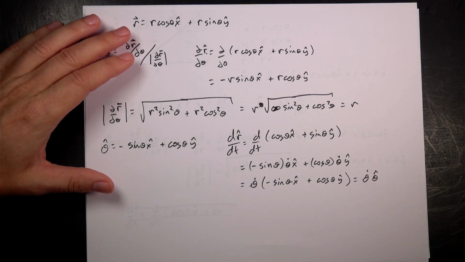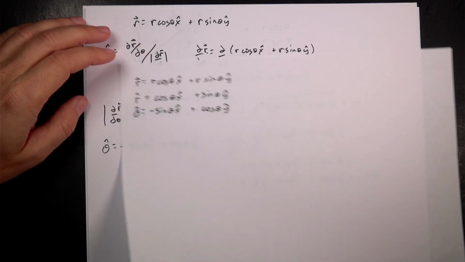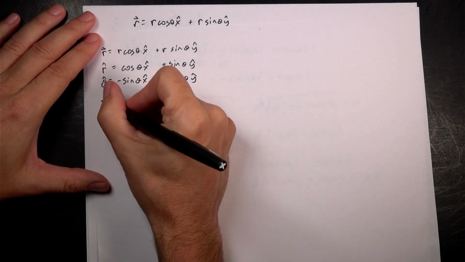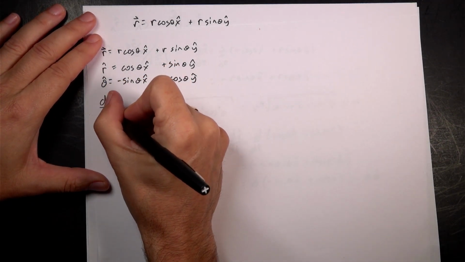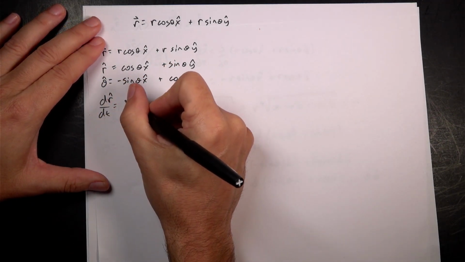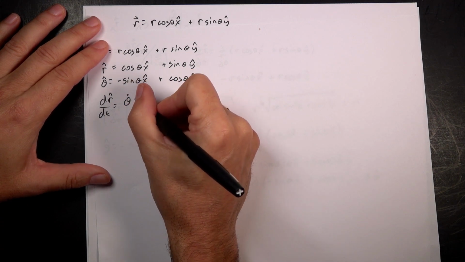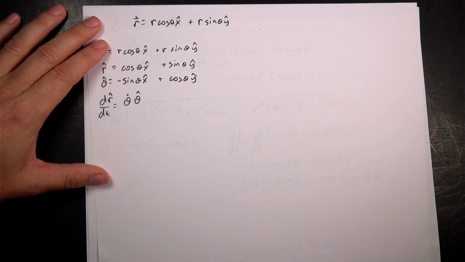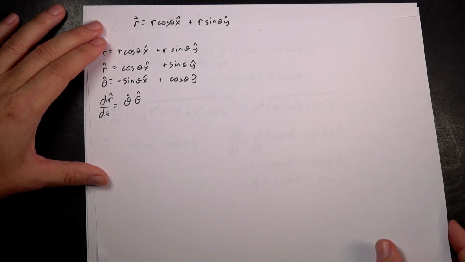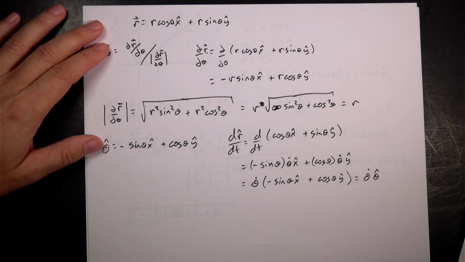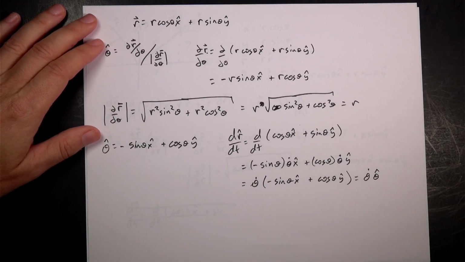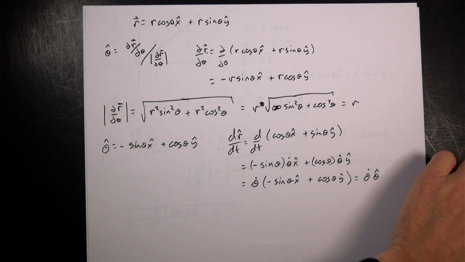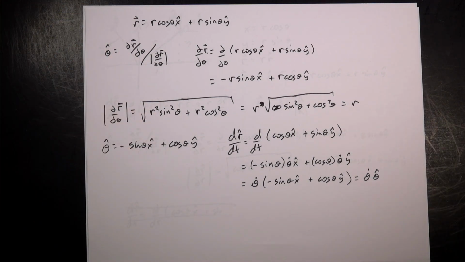So let's put those two derivatives up here. Oh, that's only one. So I'm going to put the derivative dr hat dt is theta dot theta hat. Okay, so now we can go back to our derivative of position.